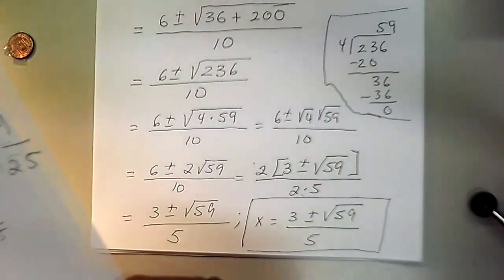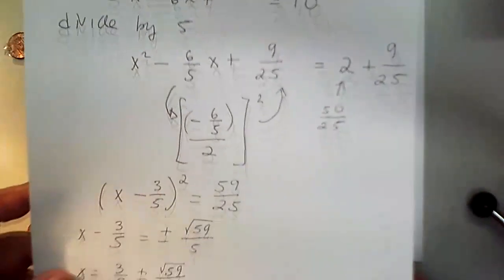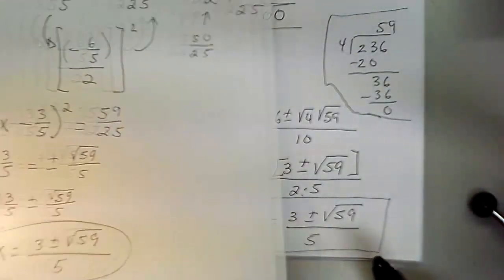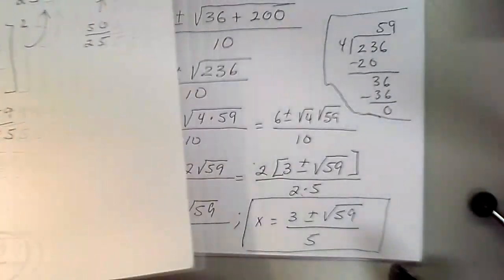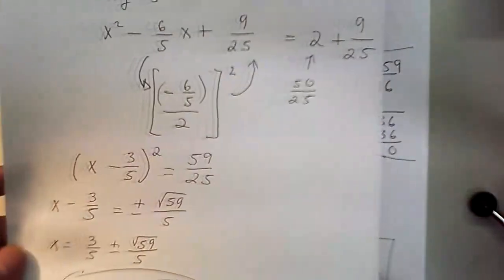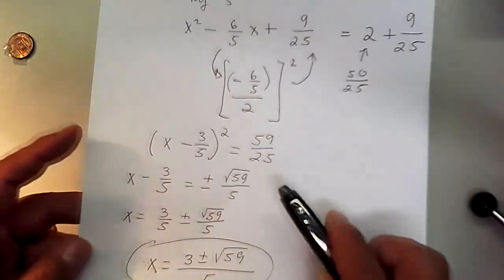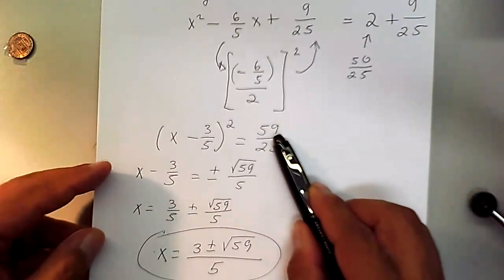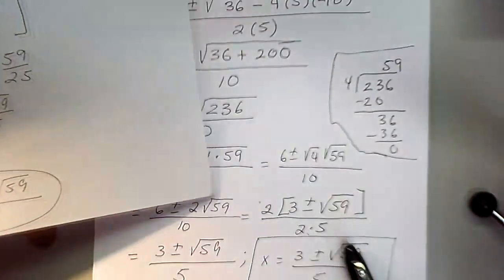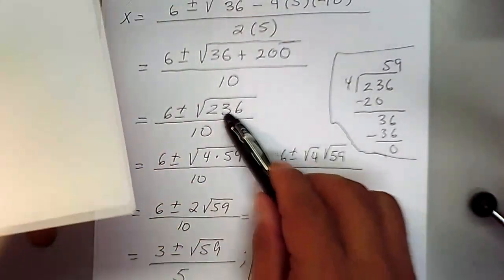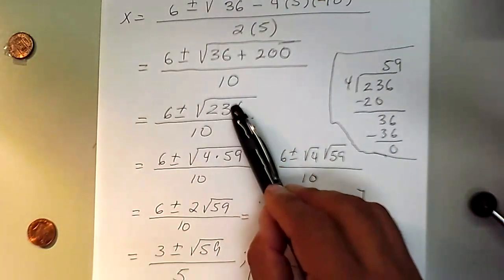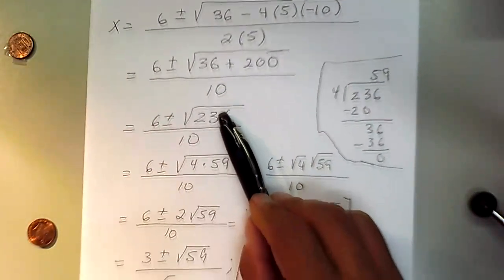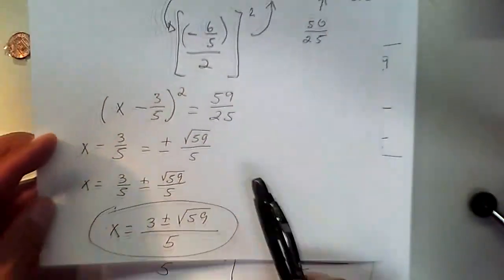If we compare that to completing the square, after the fact, it looks like we used fewer steps in a way, because we did not have to simplify as much. The 59 was already there. We did not have to, the 59 is here, it's hidden. And here it wasn't.